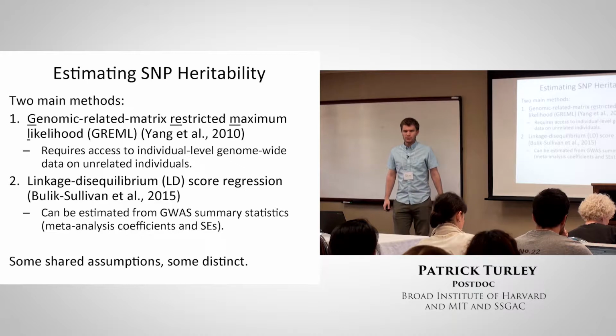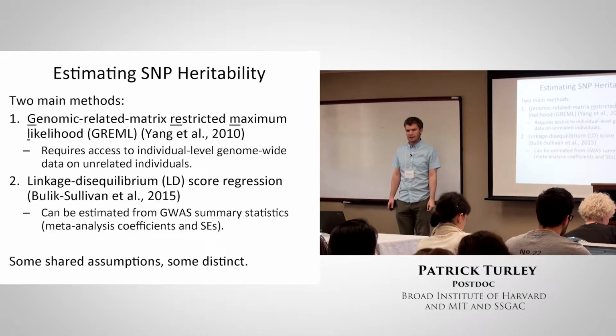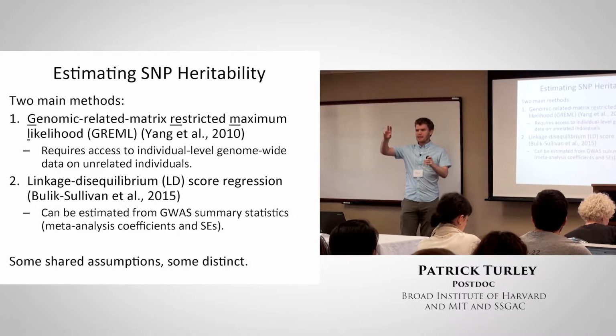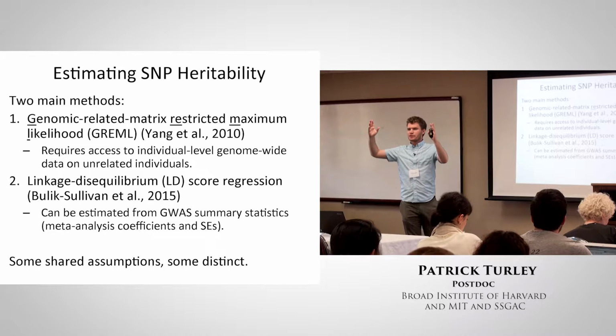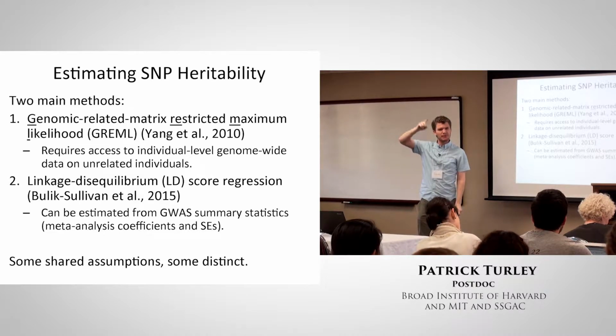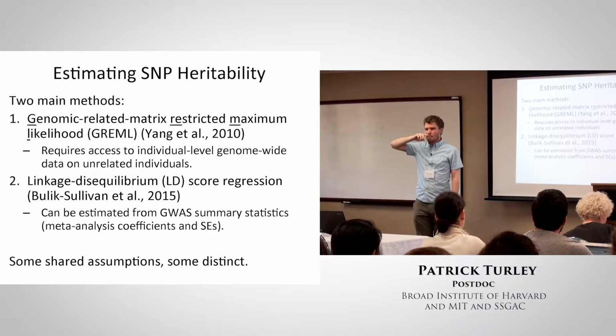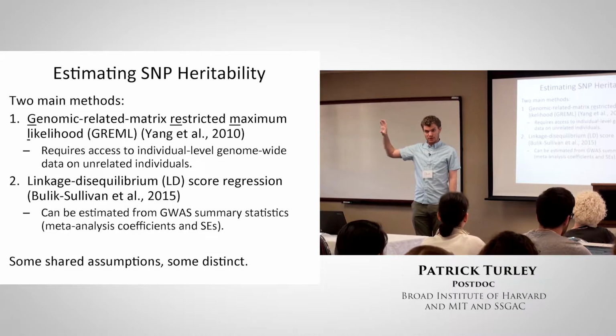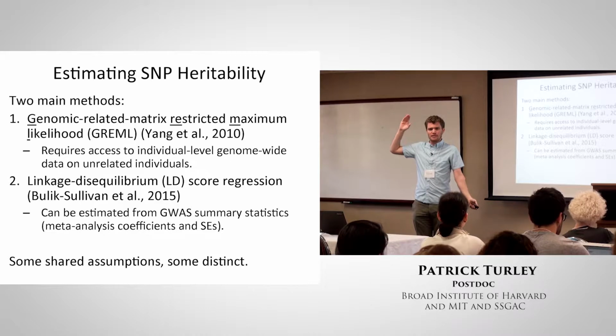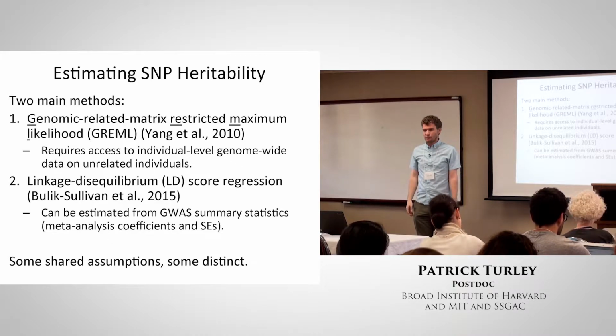So just as an overview, as I said before, there's two main ways that you can get SNP heritability. One of them is GREML. The idea behind GREML is we take a set of unrelated individuals, and we can measure how similar they are genetically. If people who are similar genetically are also similar phenotypically, then that trait's going to be more highly heritable.